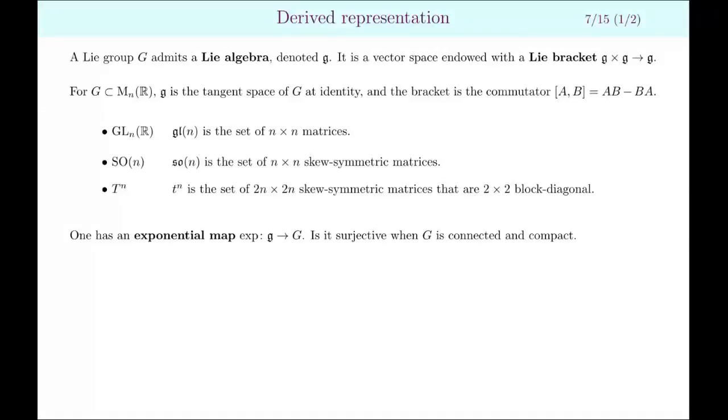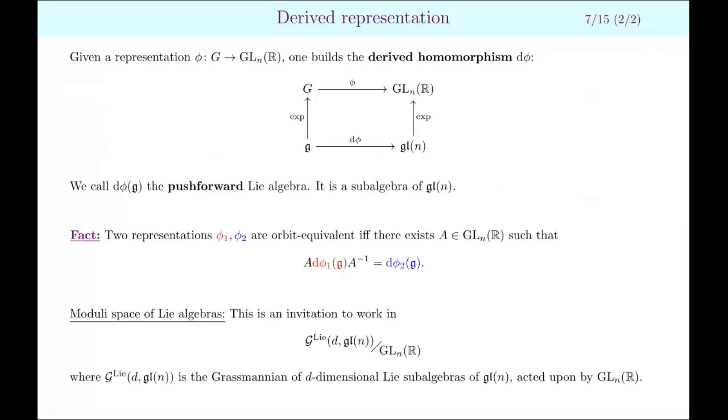Very nice, so we can do this with Lie algebras. I take a representation of G in R^m, and what I can do is take the derivative of this representation. It will go from the tangent space of G, the Lie algebra, to the Lie algebra of the general linear group.